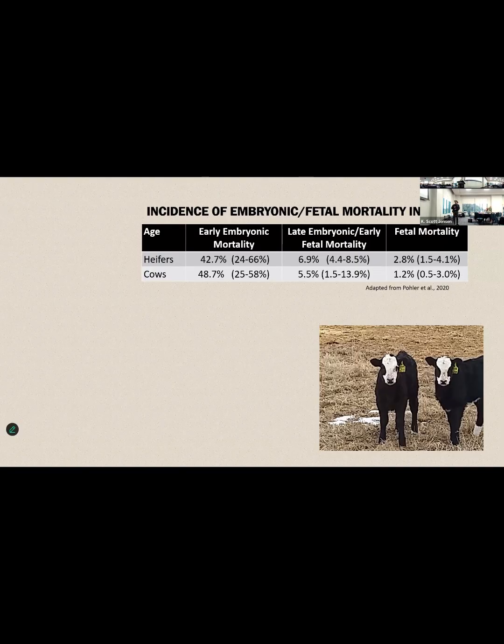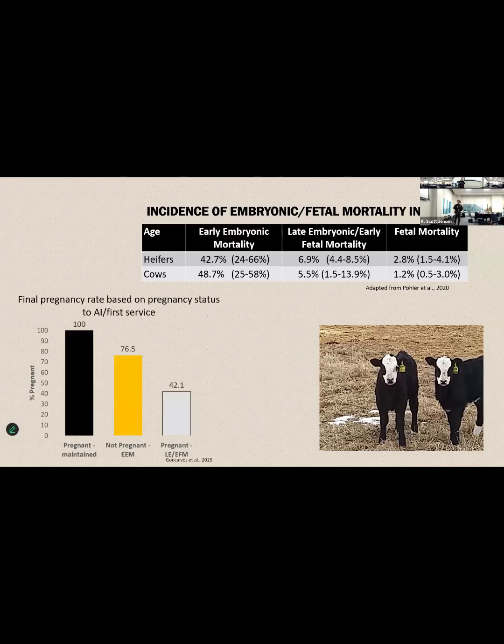But what happens is, this is a study where they AI'd a large number of cows over quite a few ranches. They preg checked at 30 to 35 days, and then they preg checked again at 100 days. So this group of cows here in the black bar, those were cows that were diagnosed pregnant at 30 days and still had those AI pregnancies at 100 days.